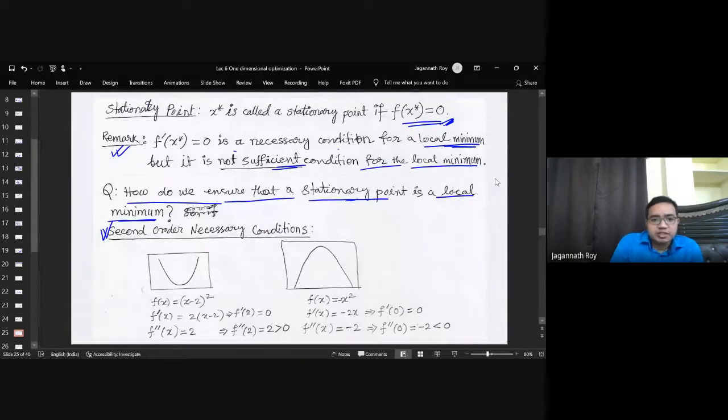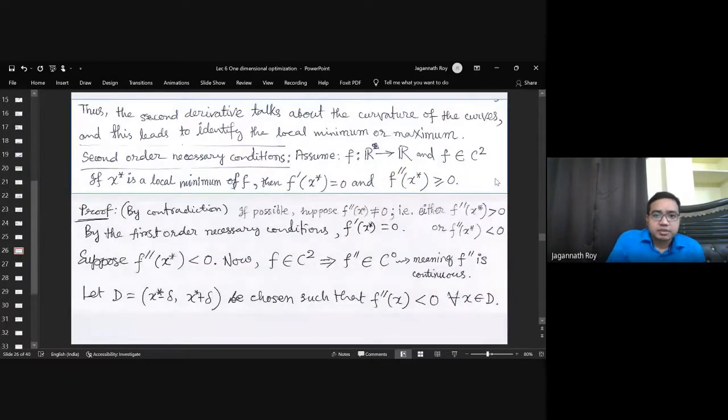So the second order necessary condition tells that, let me state the first theorem. Assume f is a function from the real numbers to the real numbers, the one variable case, and f is a C2 function. That means that f double dash is continuous.